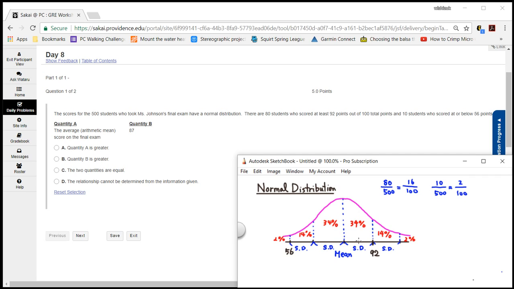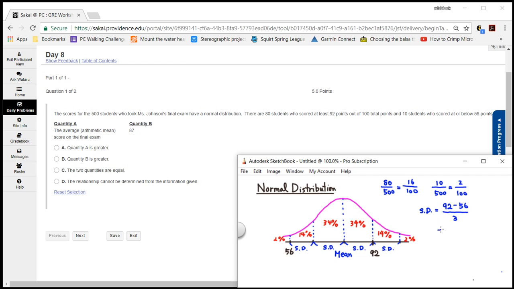So they're actually 1, 2, 3 standard deviations away. So if you want to find a standard deviation, you have 92 minus 56, and there should be 3 standard deviations, so divide by 3, right?